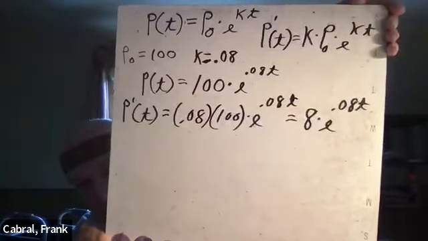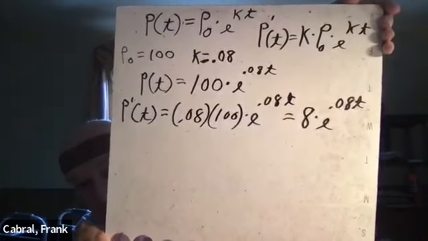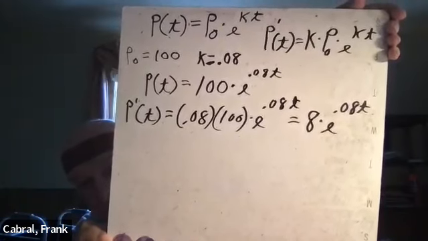Okay, so there's my derivative, simplified, of course. And all we have to do is plug that into the calculator to be able to answer the question of how fast the population is growing. So again, let's say that I wanted to know how fast this population was growing at t equals 4 hours. So I'm going to plug that into my calculator.